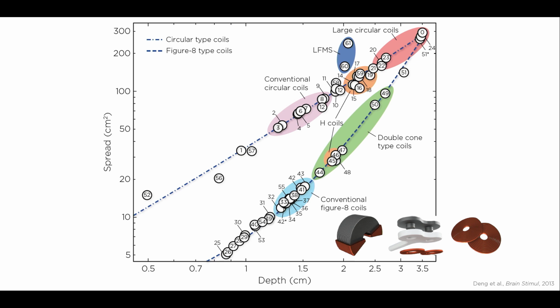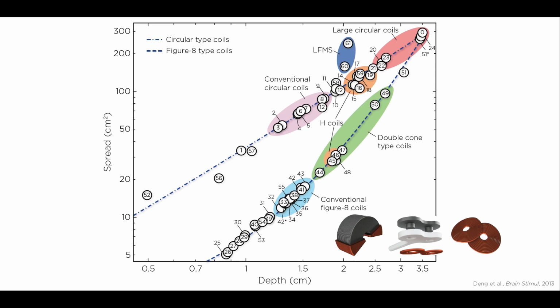The y-axis plots the spread or tangential spread of the coil. So the higher the spread, the more non-focal is the stimulation. In other words, more brain is being stimulated.